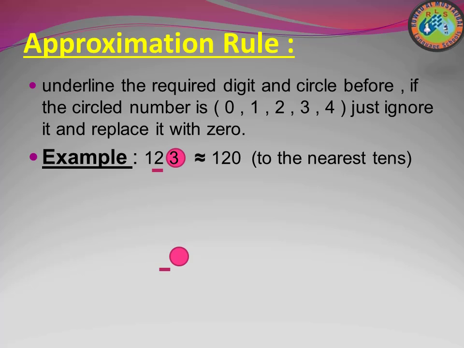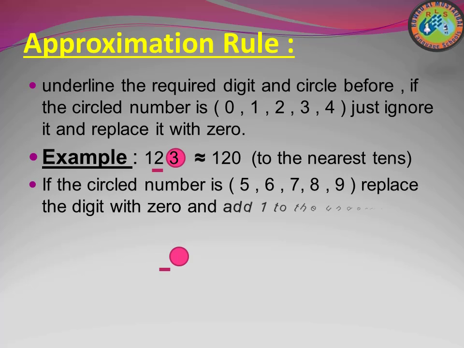Underline tens and circle the digit before. The digit in the circle is poor as it's 3, so I will ignore it and replace it with 0. The underlined number is written as it's given. So 123 is approximately equal to 120. It's approximated to the nearest tens.